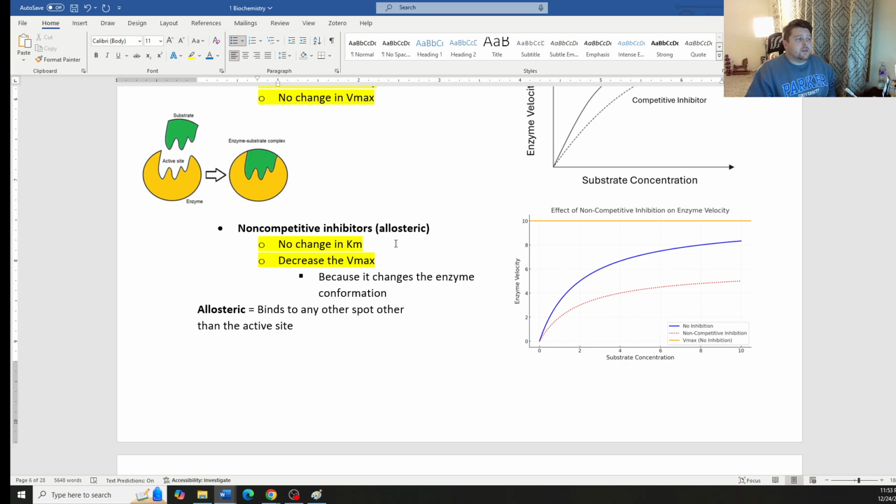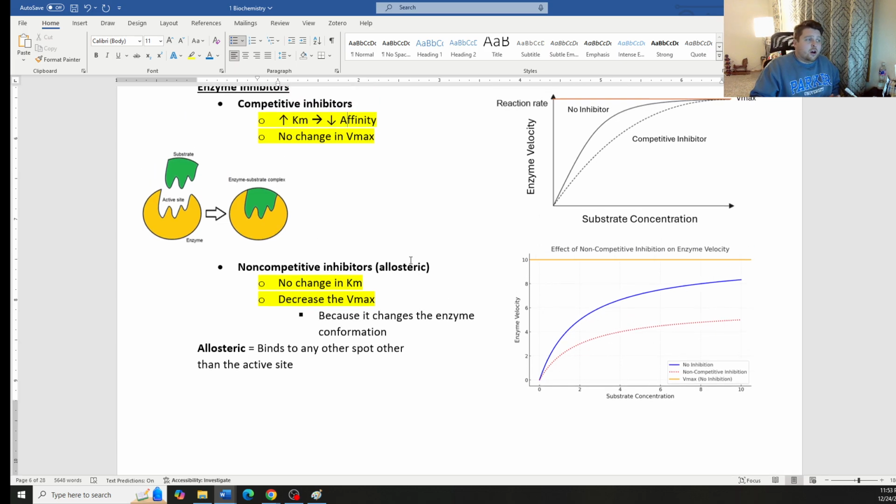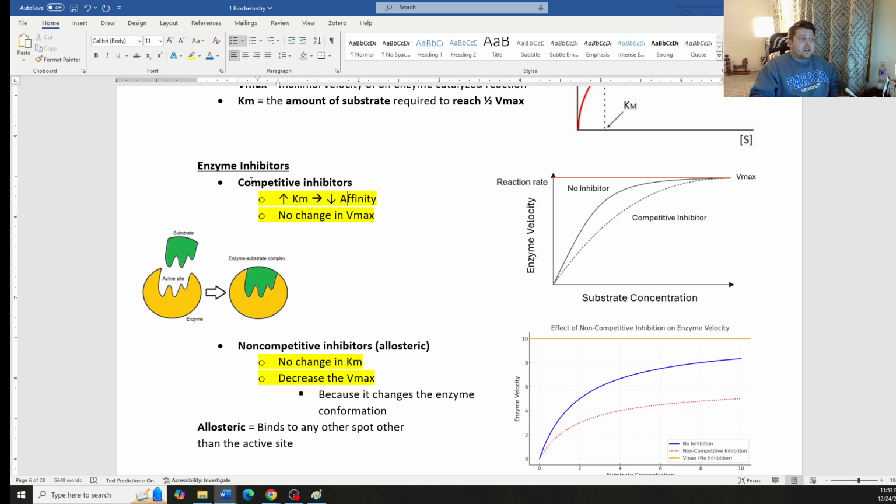These are the types of questions that you're going to get on this. You're going to get questions about competitive inhibition and non-competitive inhibition and what their effect is on the Km or the Vmax. This is super easy, just two quick things to memorize.